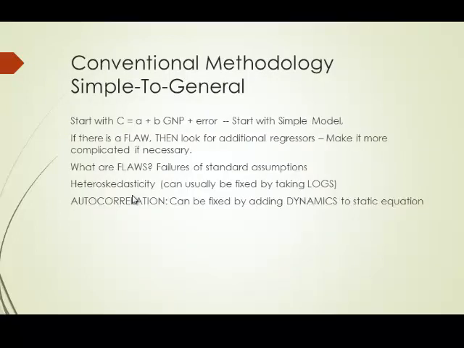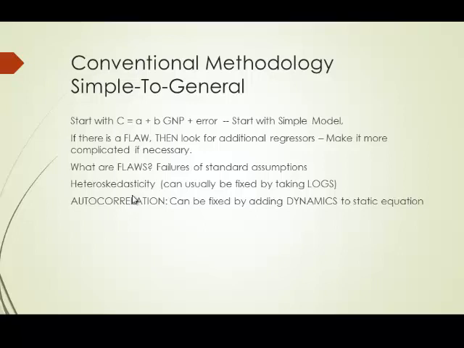The conventional methodology in econometrics is called the simple to general methodology, and it starts with the simple model, and if somehow this model fails to give you the right result, then you add more variables to make it work better. Now, as I said, this strategy is obviously wrong, because if you start with a simple model, it means almost surely that you're missing some significant variable, and if you're missing some significant variable, then anything can happen.